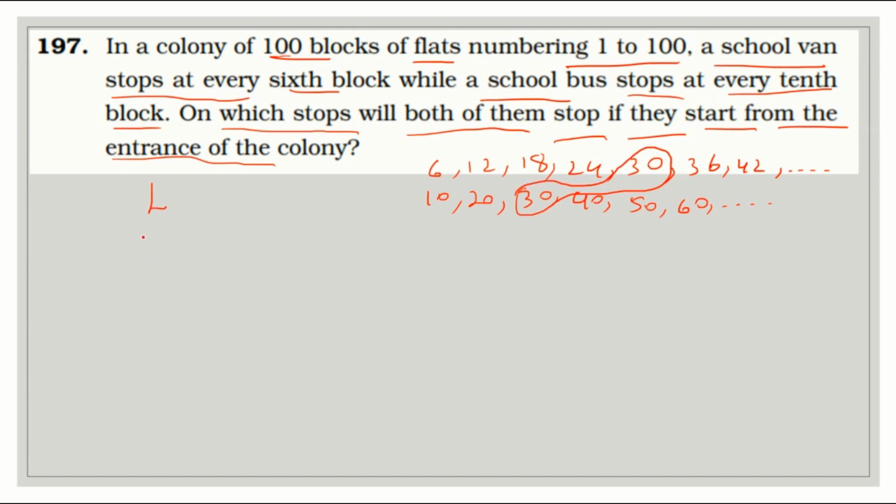What do you call this 30? These are all multiples of 6, these are all multiples of 10. That means you are looking for common multiples.